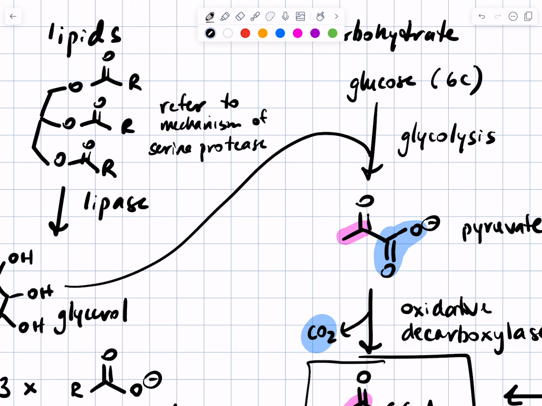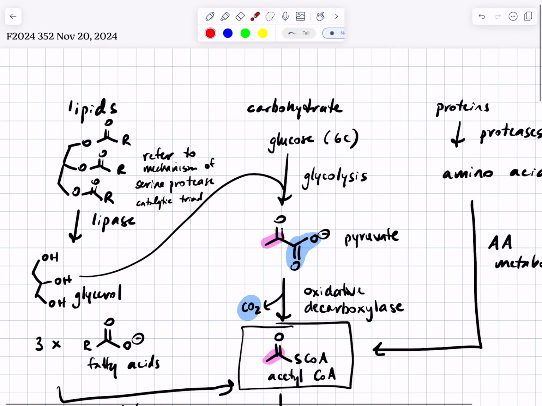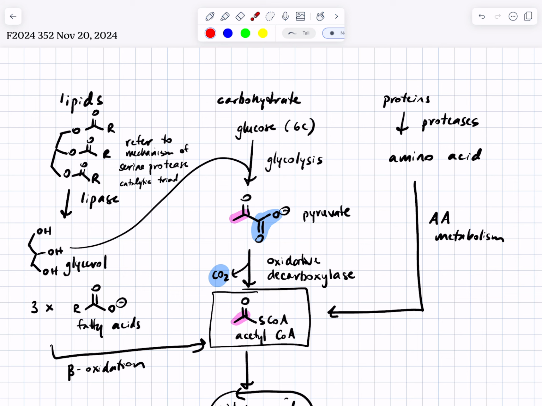It's essentially the same catalytic triad, so just as serine proteases catalyze the hydrolysis of amides, lipases catalyze the hydrolysis of esters. We won't talk about that mechanism in detail because you've seen it before and it's in your text in chapter 23. So you can go back to your chapter 23 notes on the catalytic triad and see how that's done. I want you to understand that, but we're not going to repeat it here.